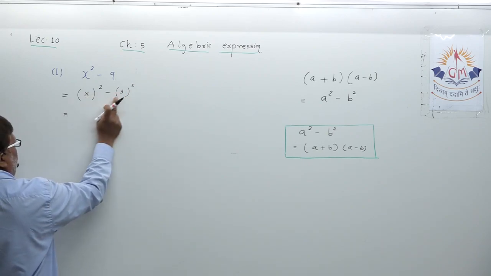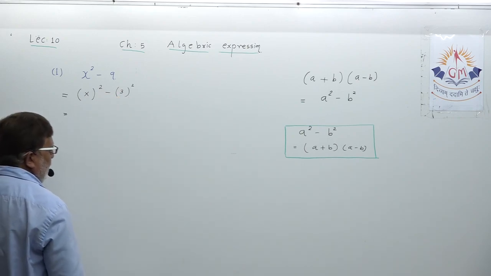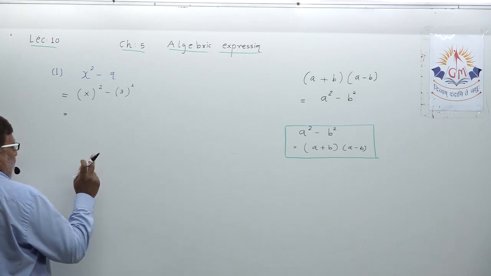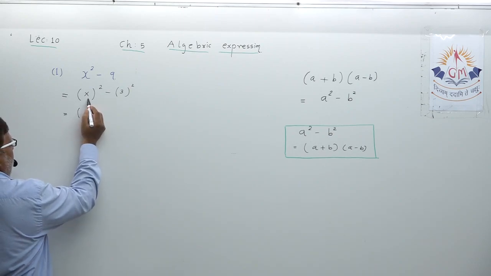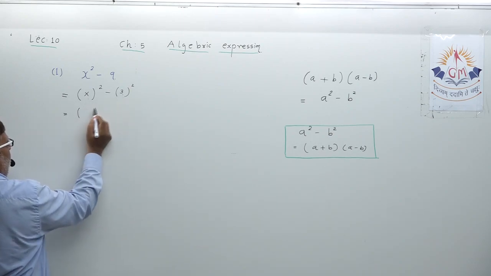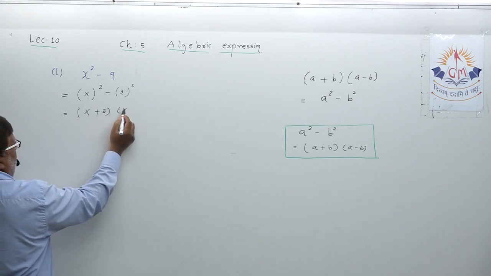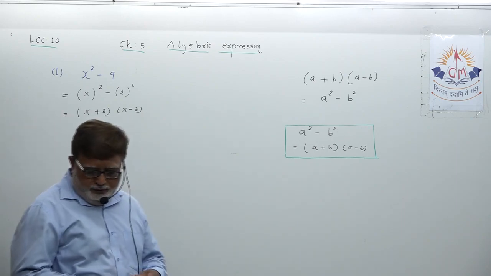This is a, this is b. Now you know the answer. In the first bracket a plus b, in the second bracket a minus b. So this is a, this is b. So (a plus b) and (a minus b). The sum is over. Understand?